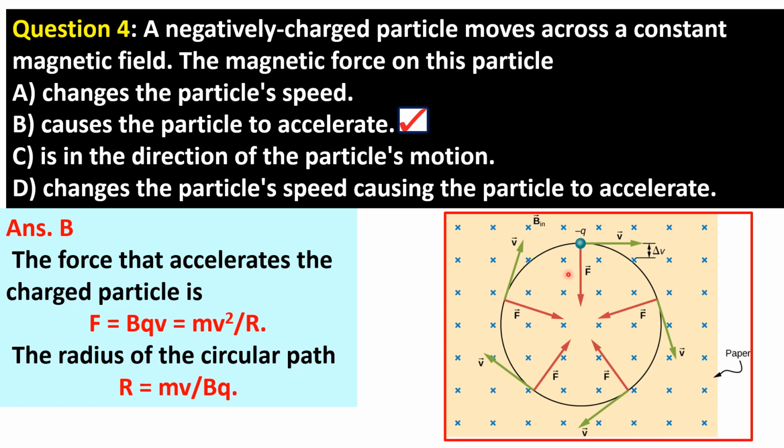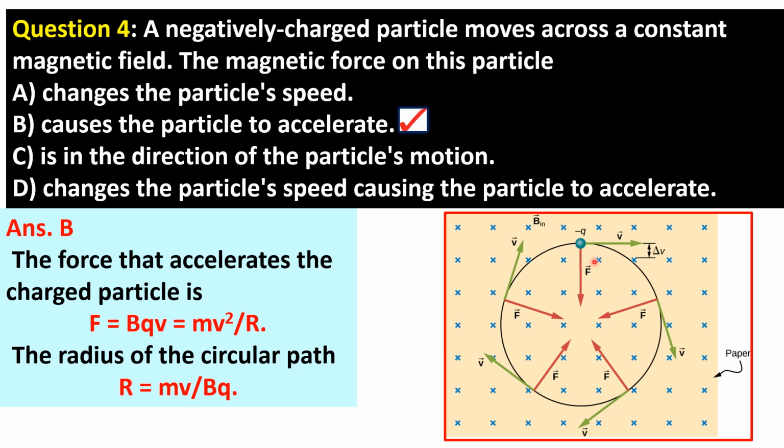We say that throughout this motion of the negatively charged particle, its speed, or the magnitude of its tangential velocity, will remain constant. Only the direction of the velocity is changing at all times. Because of that change in direction, we have what we call a centripetal acceleration.